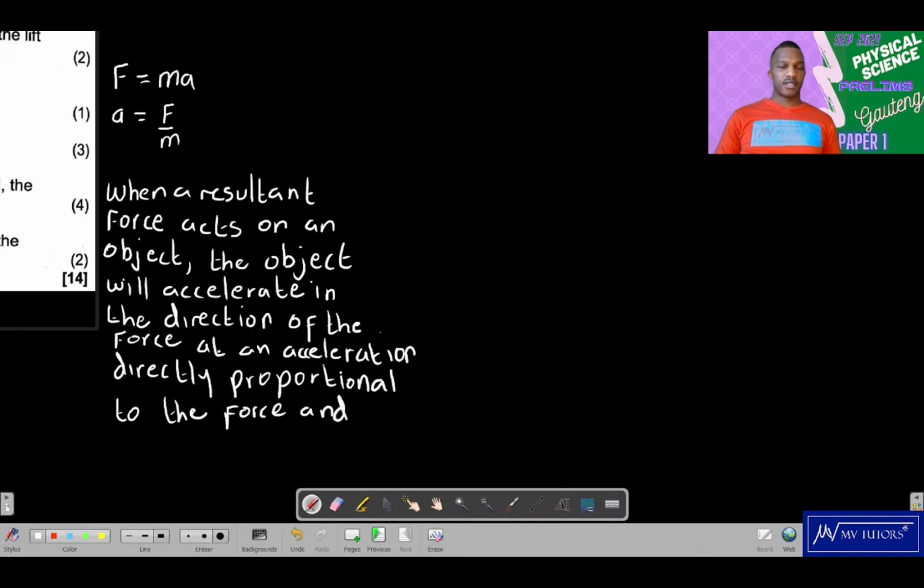And when it comes to the mass, as you can see, it's inversely proportional, so we'll write that in words. Don't put indirectly, put inversely.